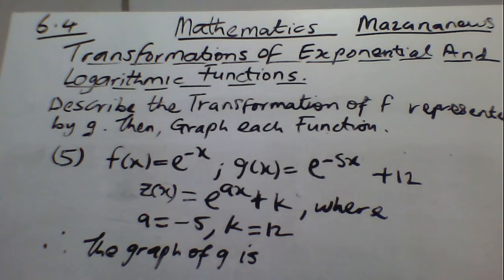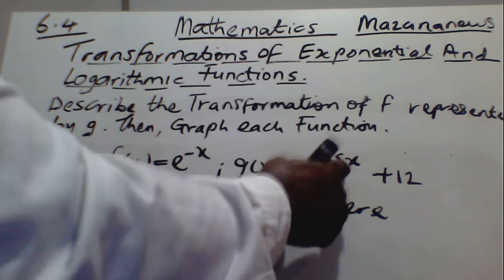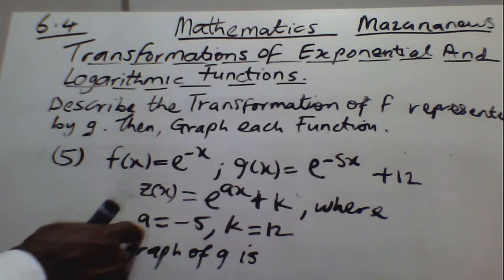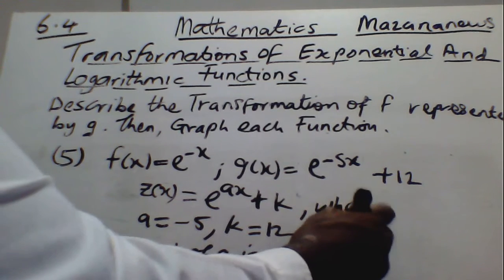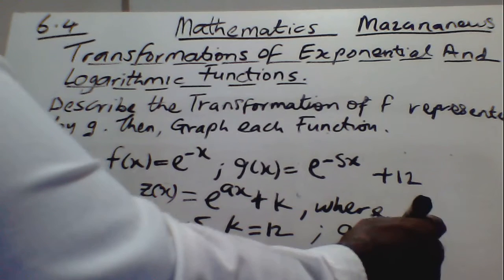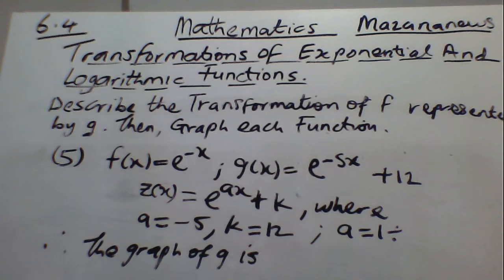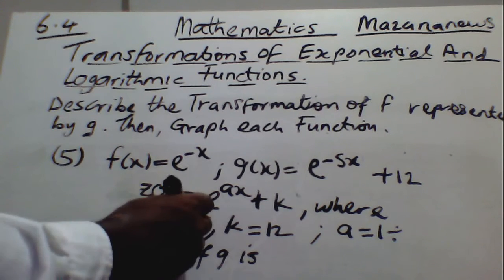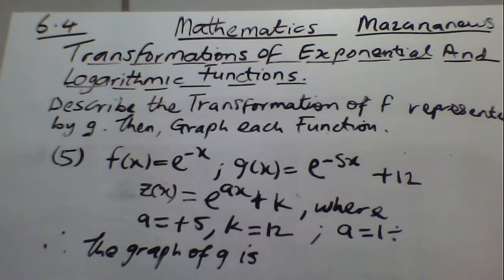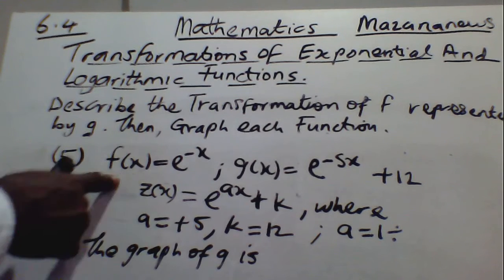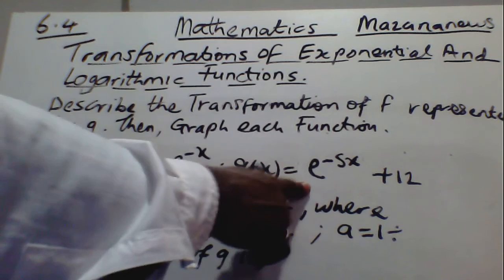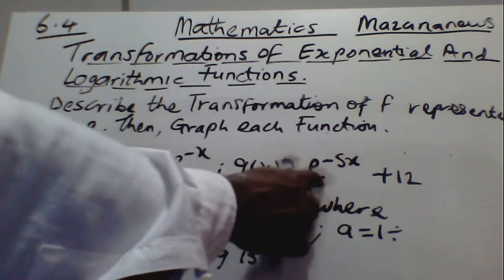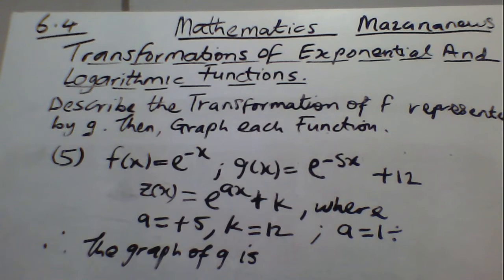So the graph of g is a horizontal shrink. Note that a is equal to this, but actually our a in our own translation is 1 divided by what? Mind you, this a plus this negative sign, the difference is on the other side.